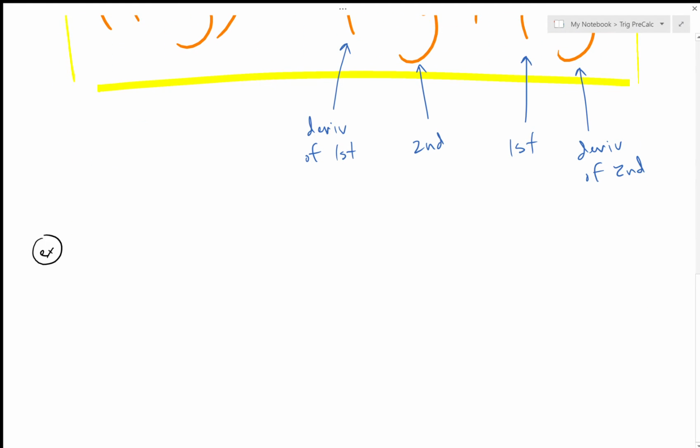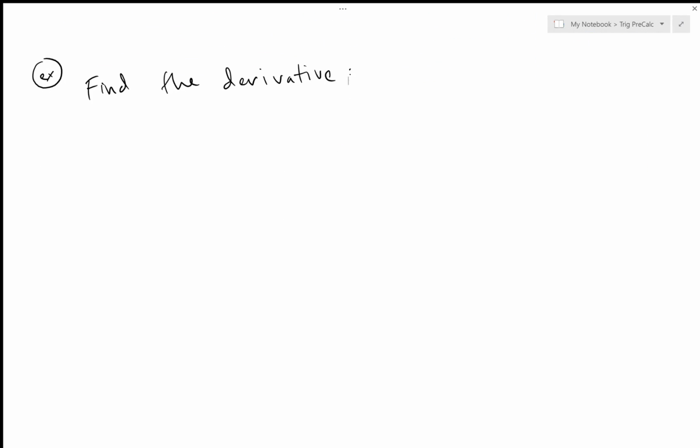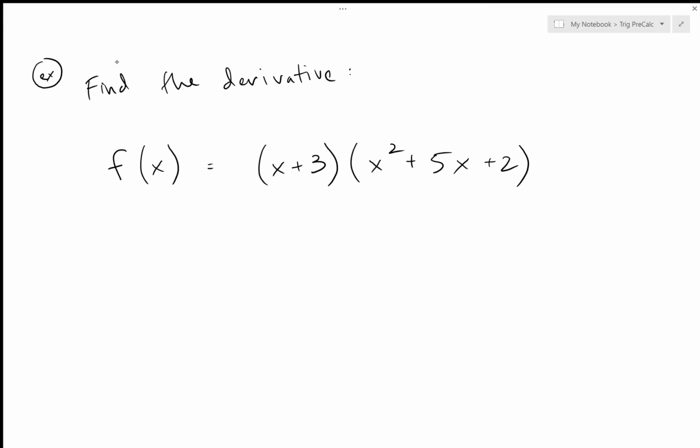So first problem, find the derivative. The actual equation, f of x equals x plus 3 times x squared plus 5x plus 2. And you'll hear right there, we said times.